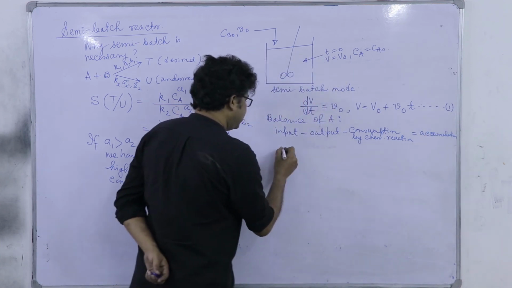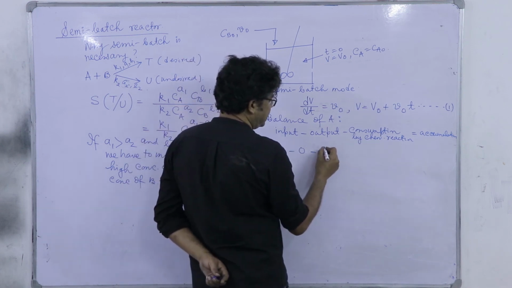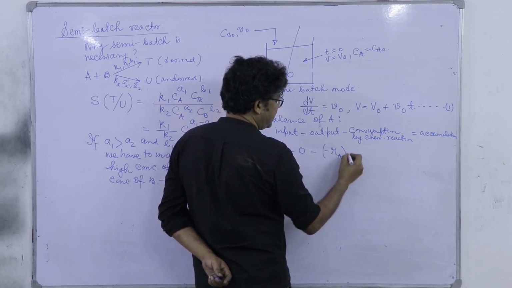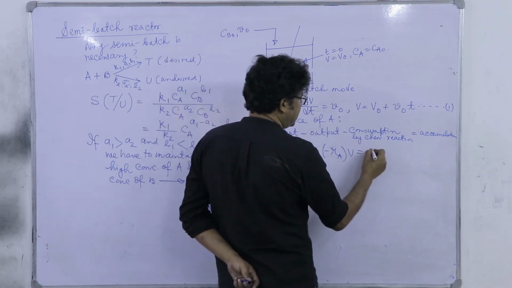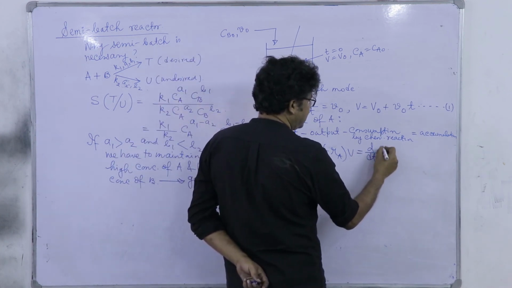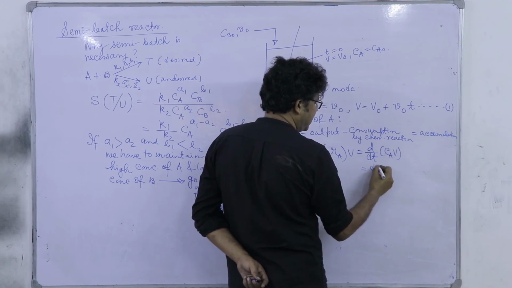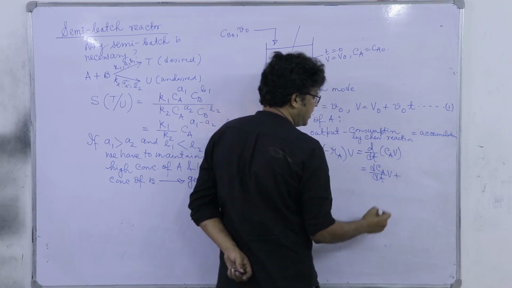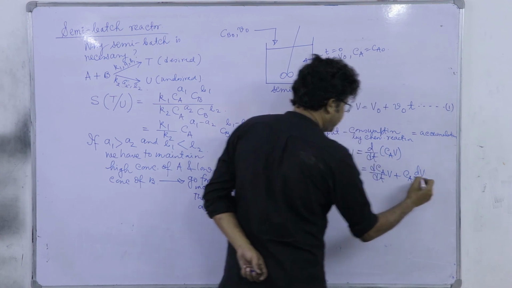Now, input is 0, output is 0, and the consumption by chemical reaction is minus Ra into V, right. And the accumulation term is d dt of Ca into V. So, it is dCa dt into V plus Ca into dV dt, right.